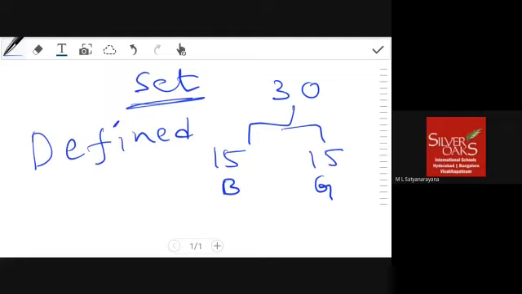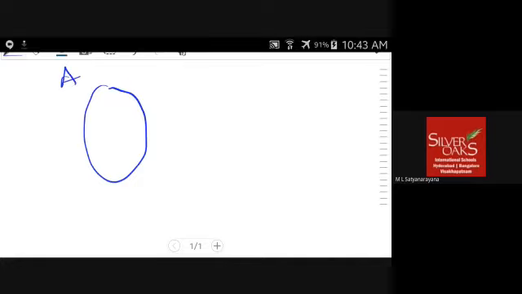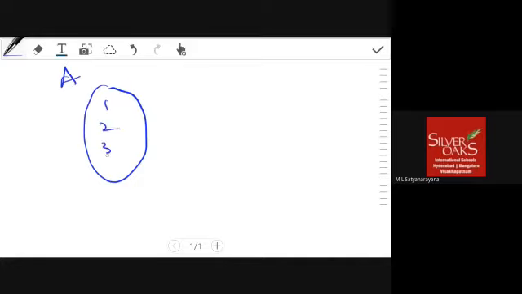This is a set, and normally it is represented in a Venn diagram, like an oval shape. Suppose this is set A and this is set B. Let's write again. Suppose you have a set A of natural numbers from 1 to 5. You can write 1, 2, 3, 4, and 5.